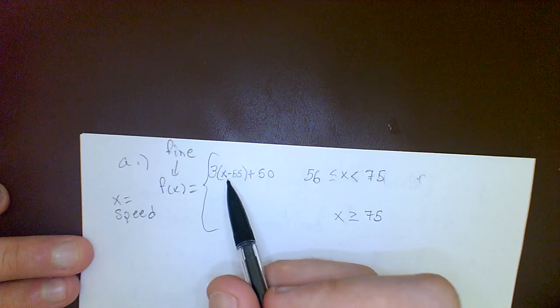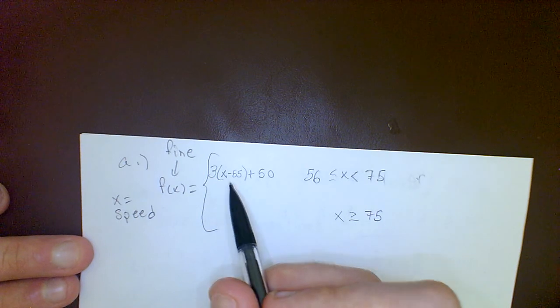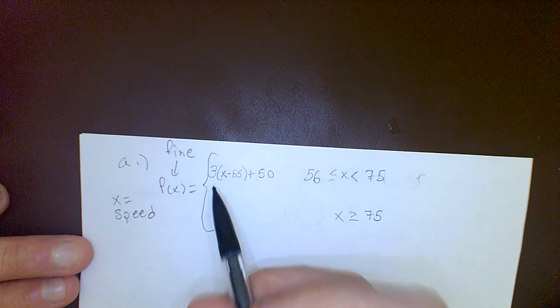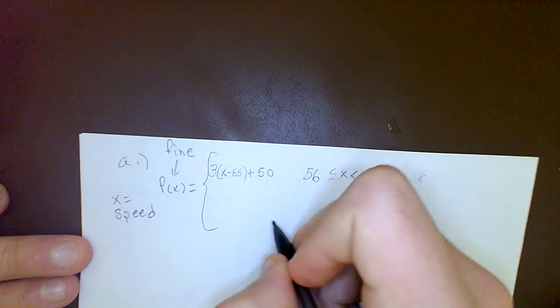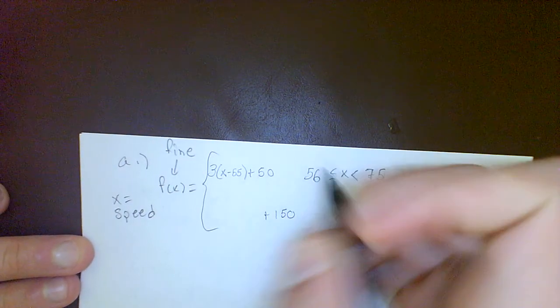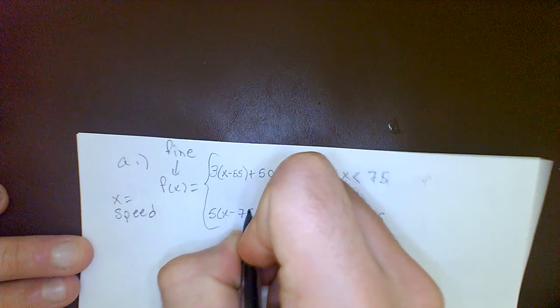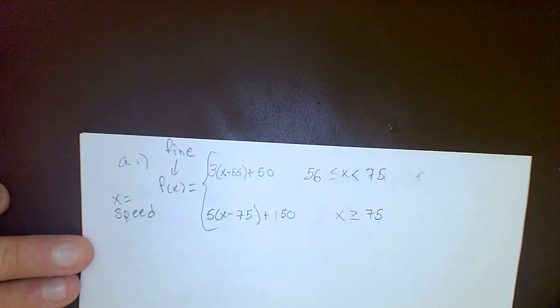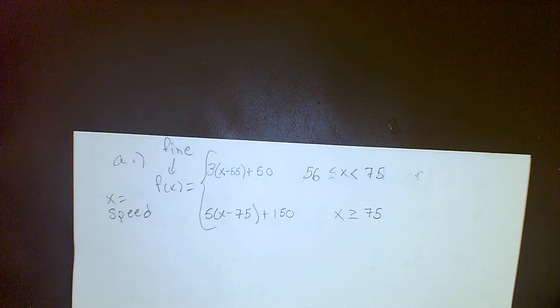If I just put x here and I was going 58, I would get charged 3 times 58 rather than 3 times 3. Okay, so the same thing here. This one says it's 150 plus 5 times (x minus 75). Okay, so that's the definition of our piecewise function there.